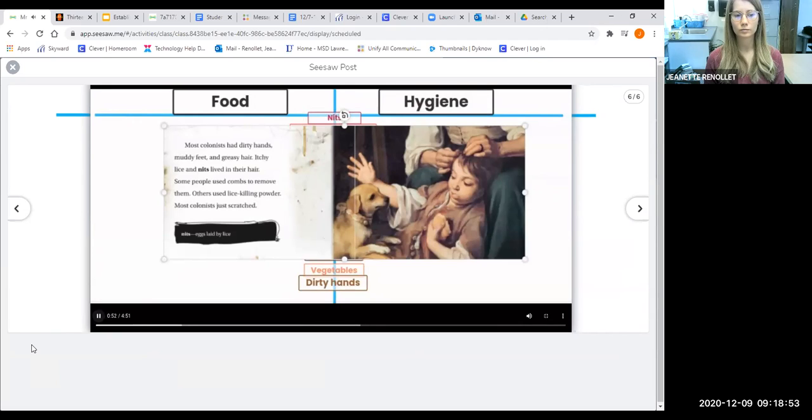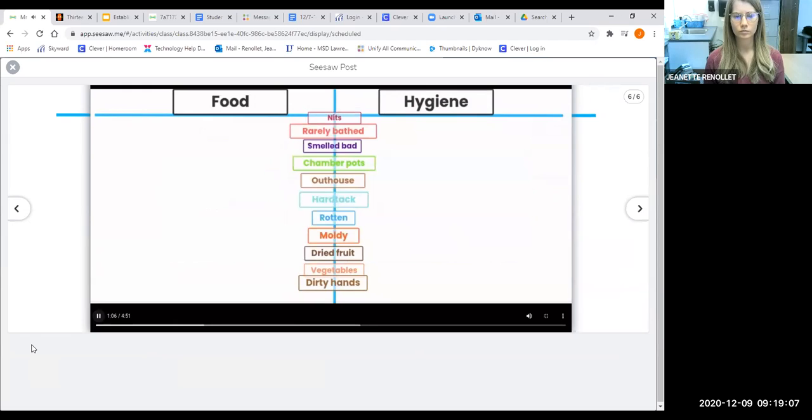Here's what it says: Most colonists had dirty hands, muddy feet, and greasy hair. Itchy lice and nits lived in their hair. So nits must mean something similar to lice. So that tells me it has to do with your hygiene. It is not a food.